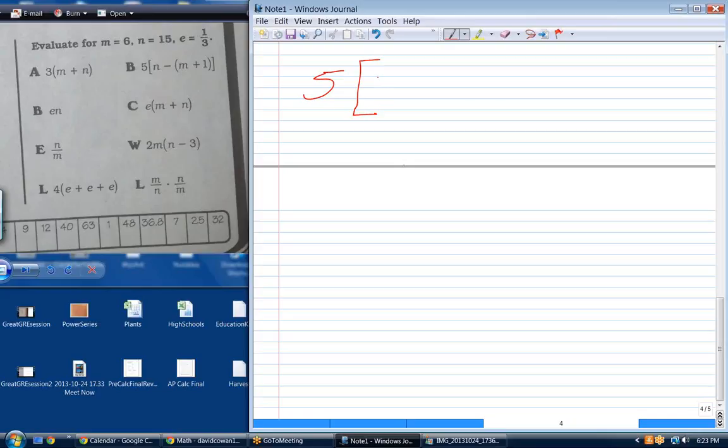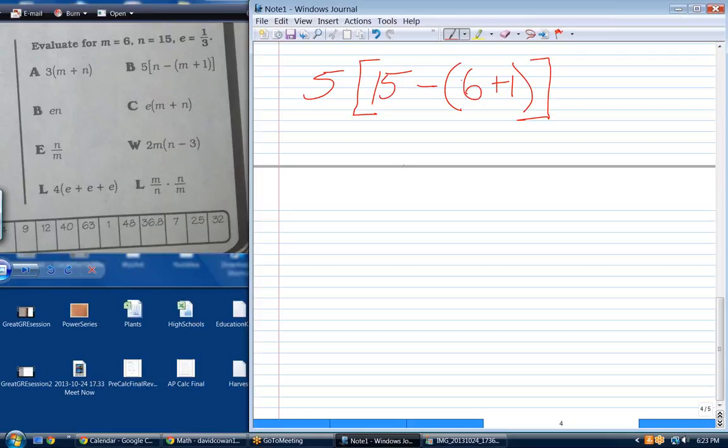It'd be 5 times 15 minus 6 plus 1. And I could use parentheses, I wouldn't have to use brackets. I kind of like using brackets as the second set of parentheses just because it makes it harder to overlook.